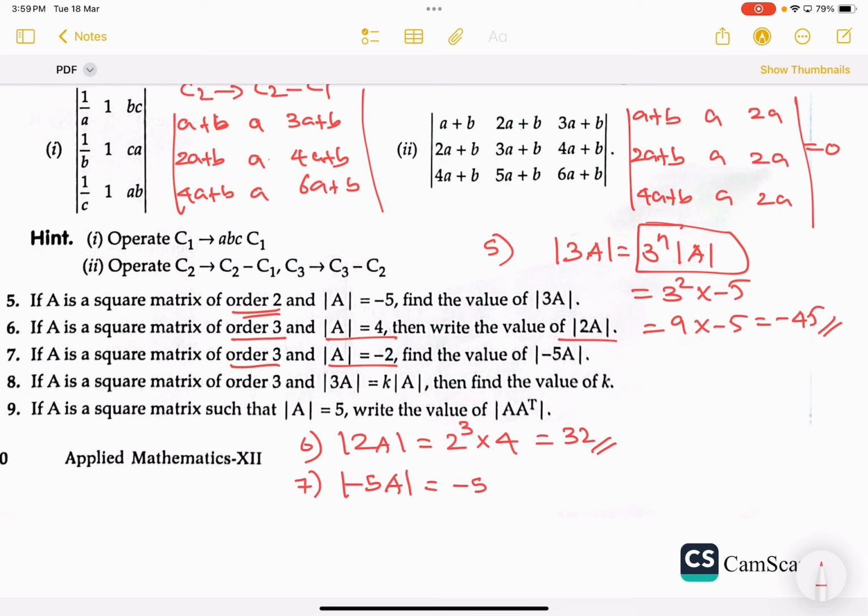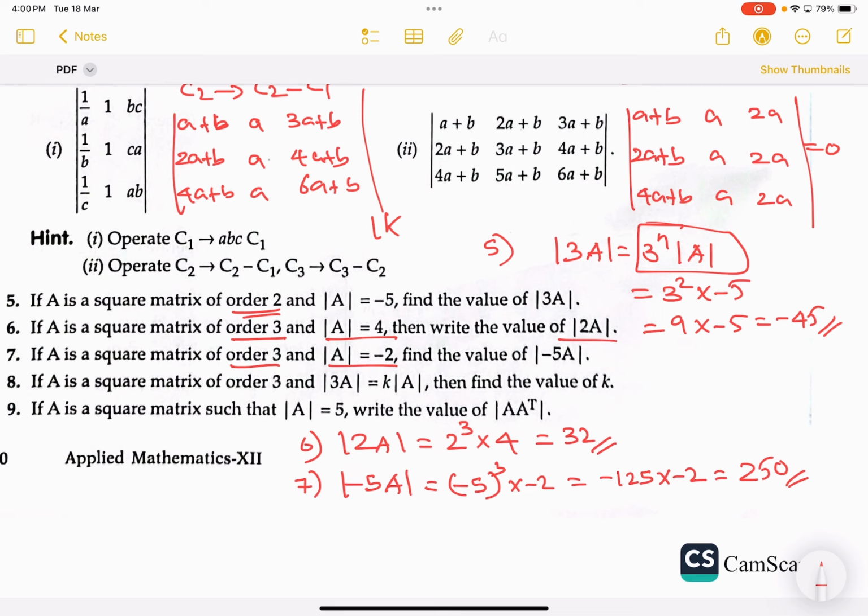What is the order? I completed 3 questions and you are simply sitting like this. How many times have I used this formula? Minus 125 into minus 2. So the answer is 250.